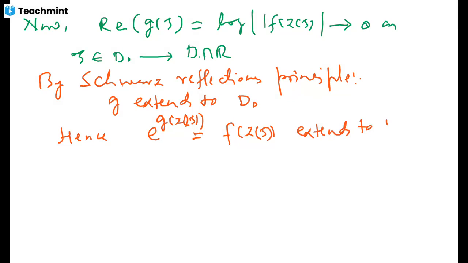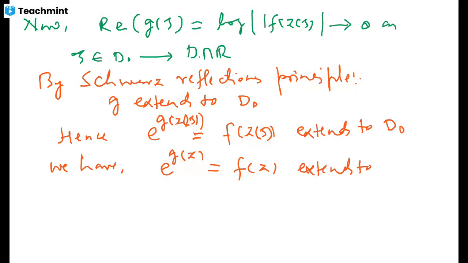In particular, if you replace z of zeta by z, we have finally that this function e to the g of z, which is equal to f of z, where z lies in the open neighborhood U, extends to U. That means f extends to U, and this extension is always unique. So we have this extension part done.